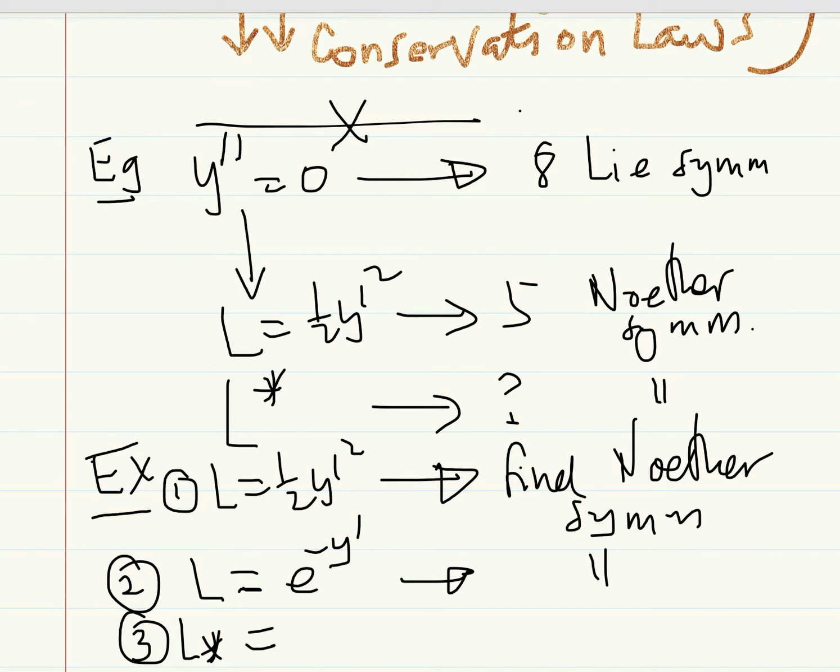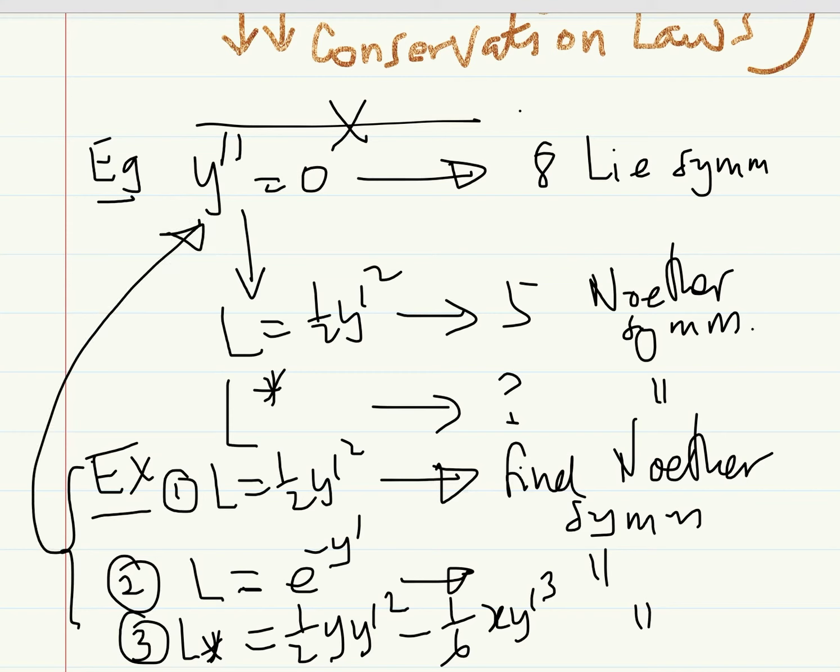L star, let's just recall, was a half y dashed squared minus 1/6 x y dashed cubed. Find the Noether symmetries via this Lagrangian, which is also a Lagrangian of the differential equation y double dashed equal to 0. So all of these Lagrangians mentioned here are Lagrangians related to the free particle equation y double dashed equal to 0.